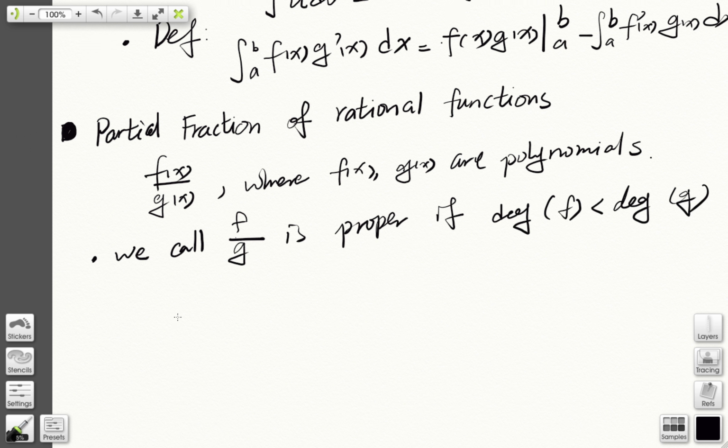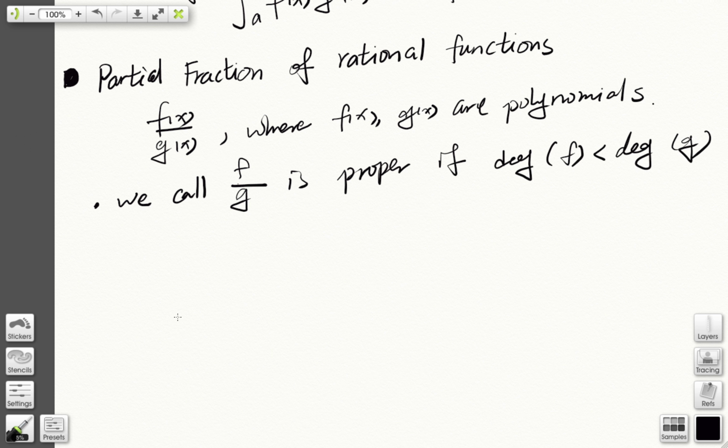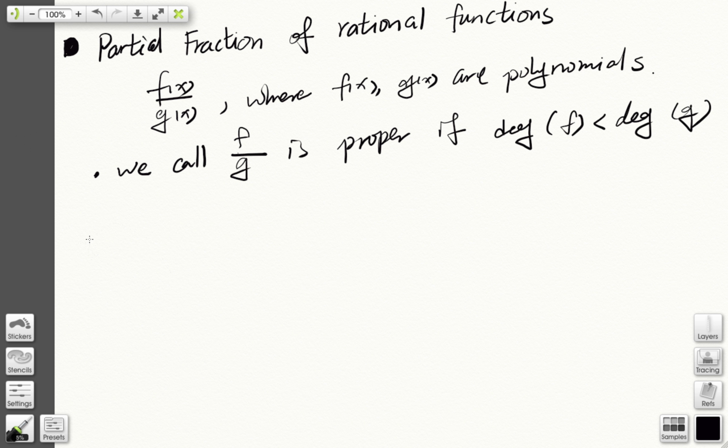Okay, so when we encounter a function of this form, there's a method. It will not work all the time, but it's pretty helpful. We're going to talk about this method later, so for now, I'll just give you a simple introduction of it.